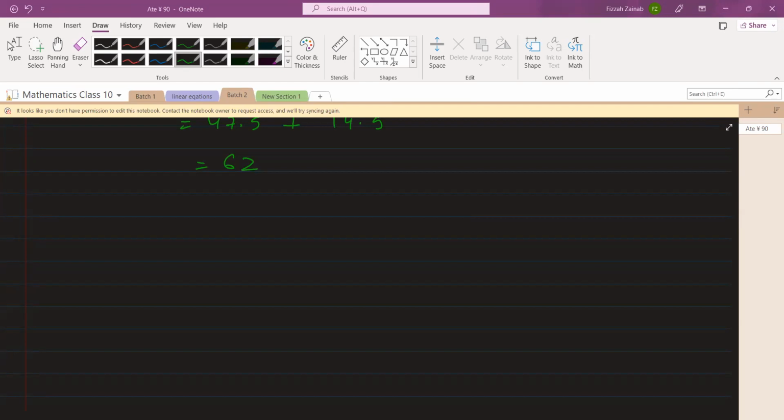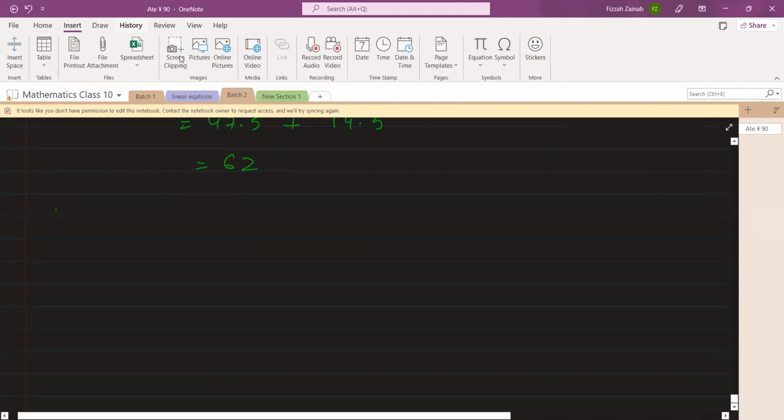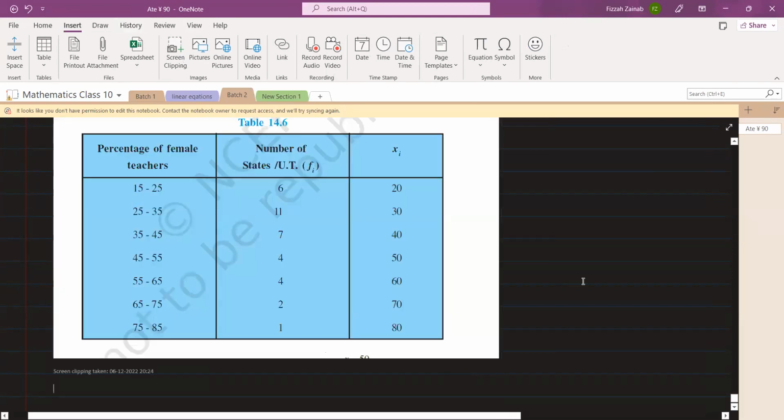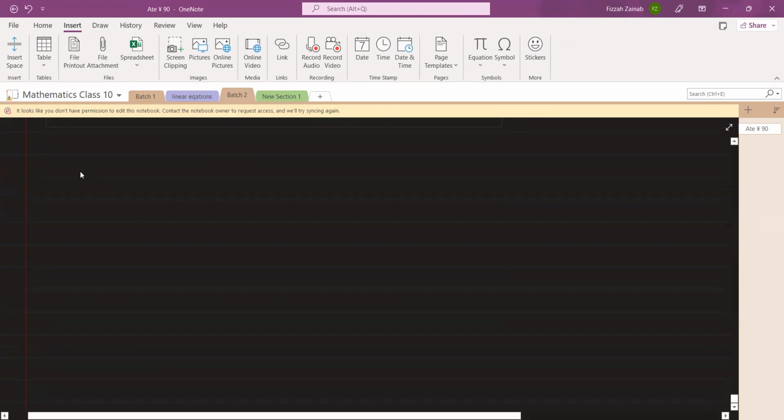Okay, so just look at this example of your book. For example, this data is given. Sorry, not in this form. Just a minute.